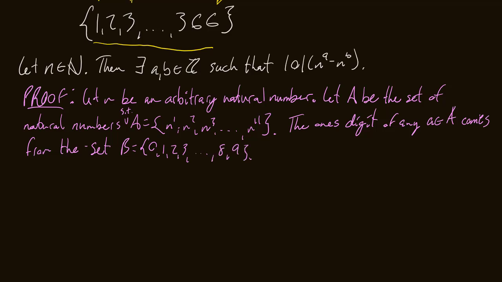We can agree on that. Any number, well, 0 is included, will have a ones digit of either 0, 1, 2, 3, 4, 5, 6, 7, 8, or 9. These are just single digits that could be in the ones place.